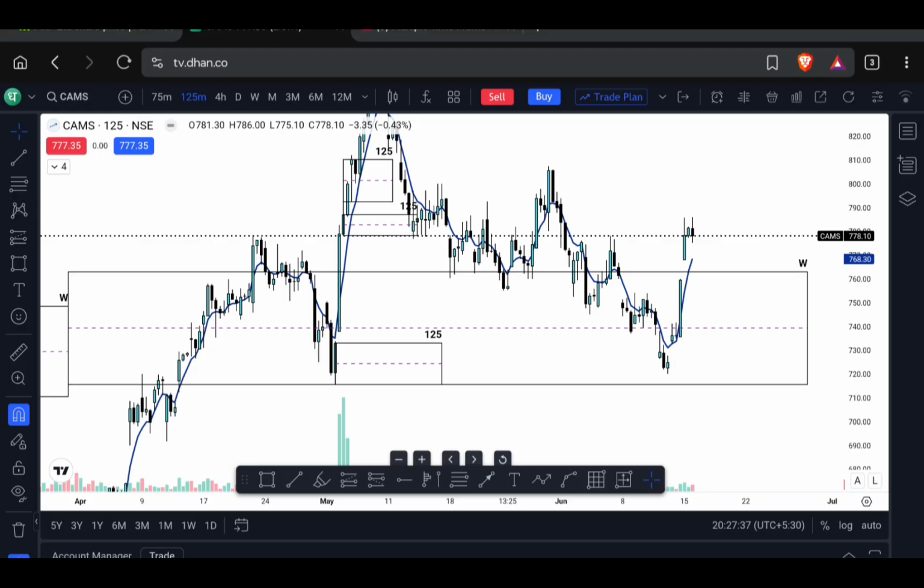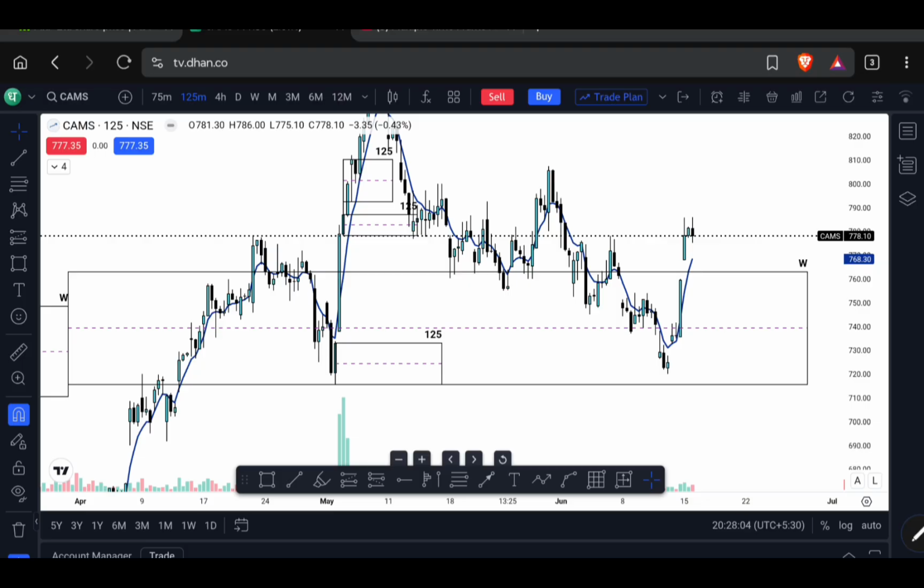So the coinciding demand zone is only this one, this 125 demand zone. If you ask me, can we consider this? We won't consider this demand zone, and this demand zone as well we won't consider. Okay, so I'll just close this, exit.